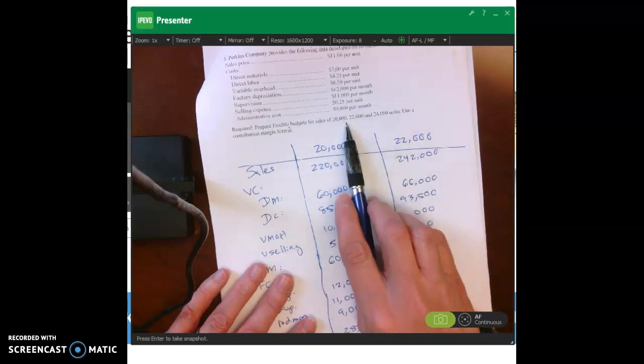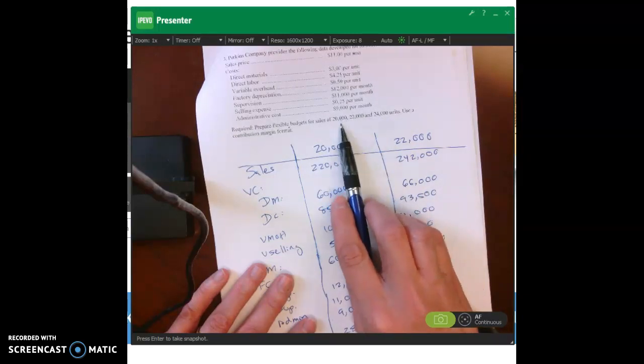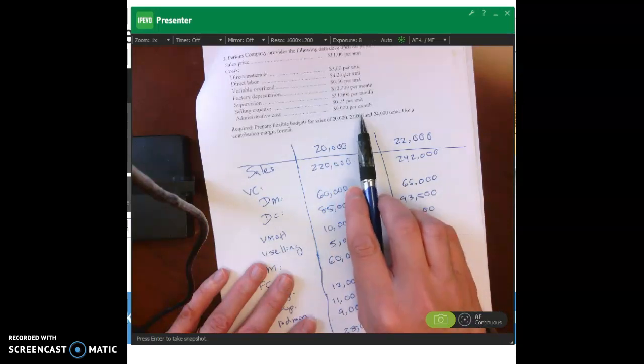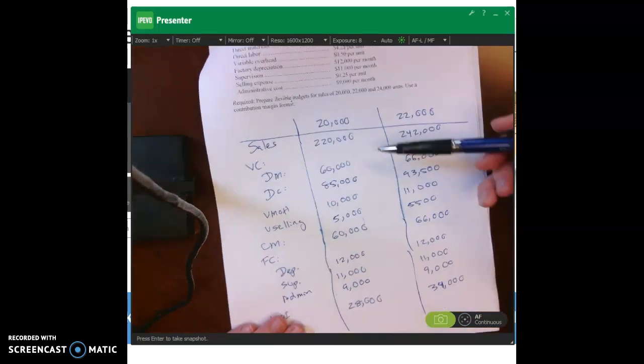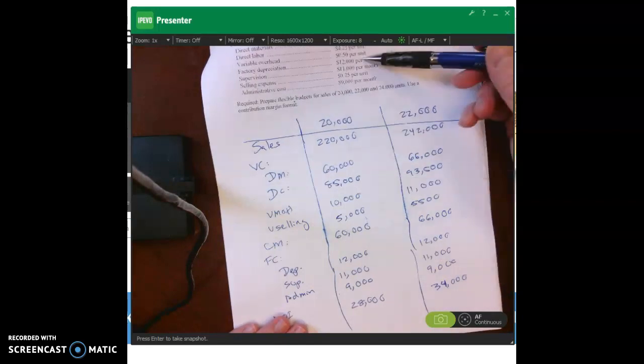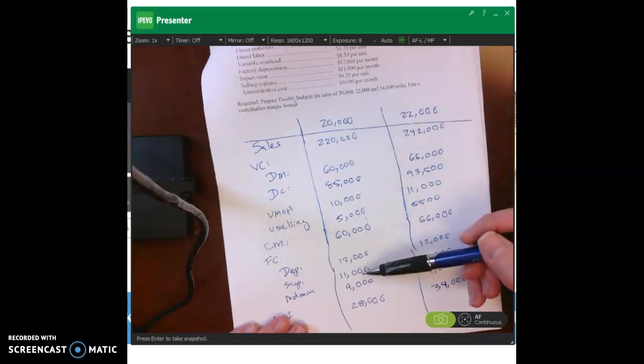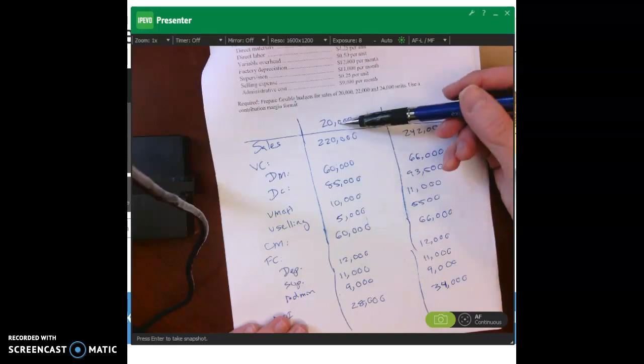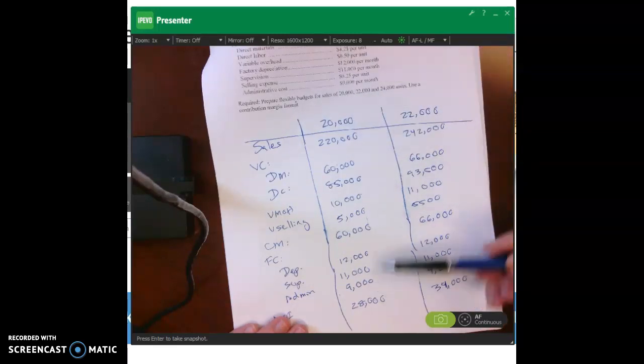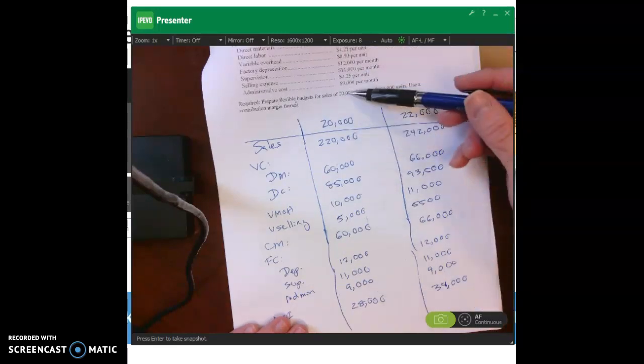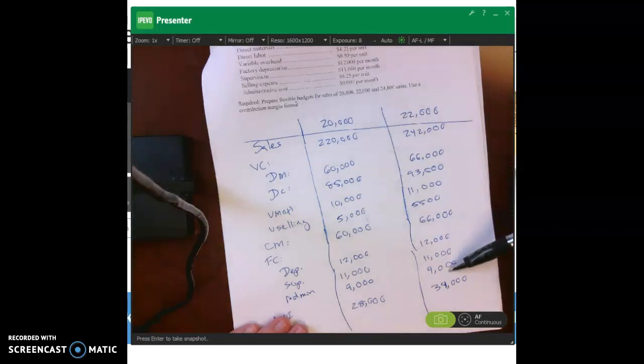If you understand fixed cost behavior, you know that they will be the same in total at 20,000 as they will be at 22,000. So at 20,000 it's $12,000, my $11,000 remains the same, and $9,000 at 20,000 units. And those numbers are also the same at 22,000 units.